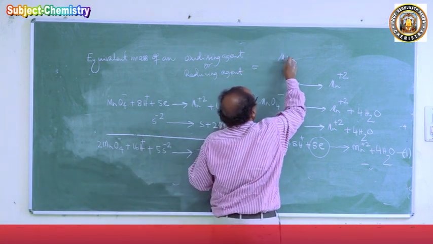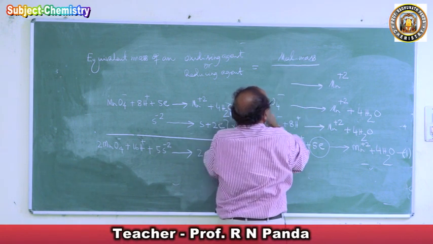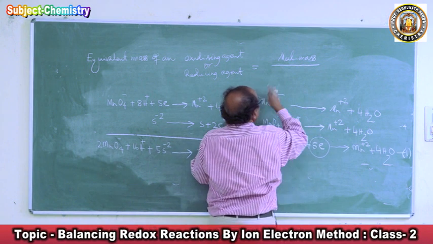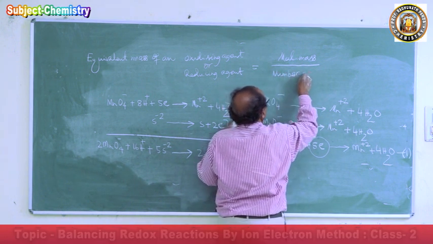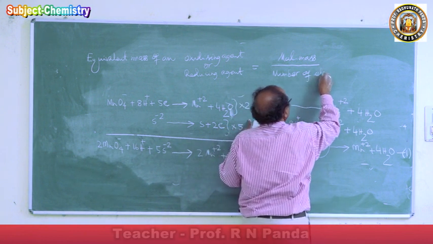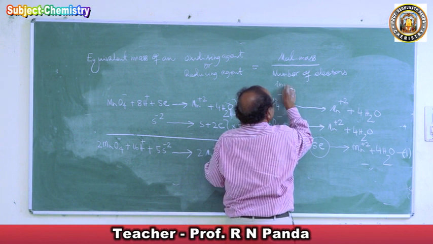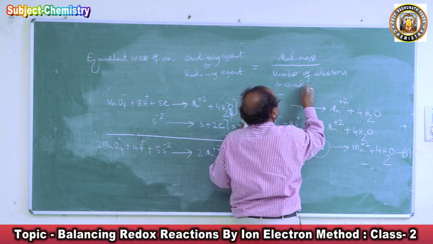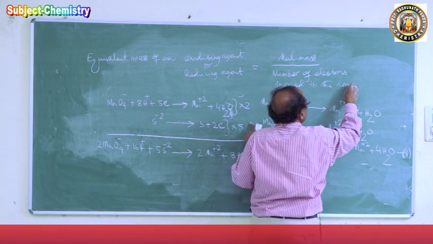The molecular mass divided by the number of electrons involved in the ionic equation.